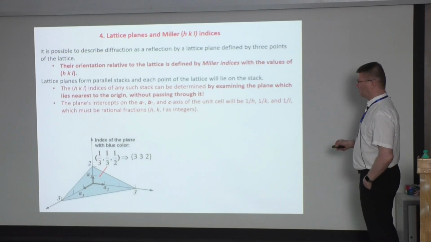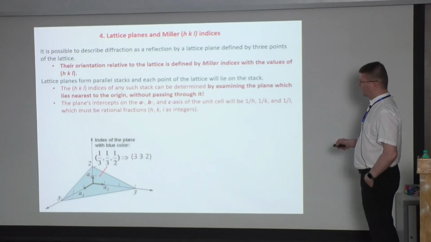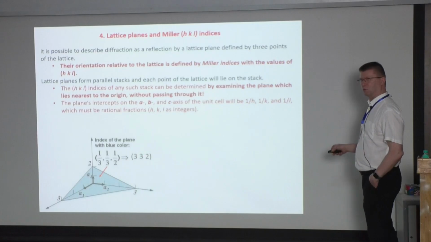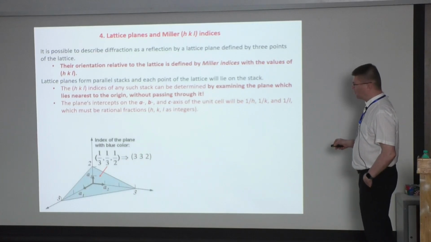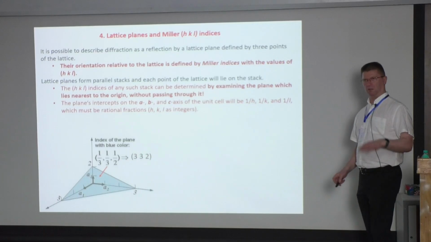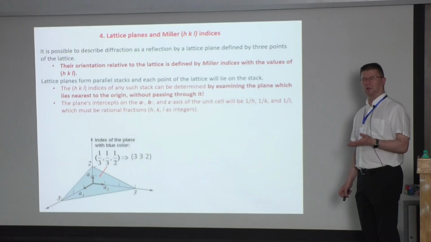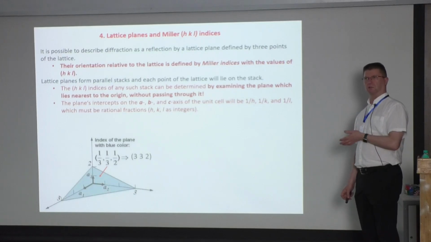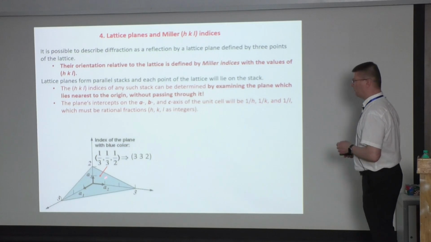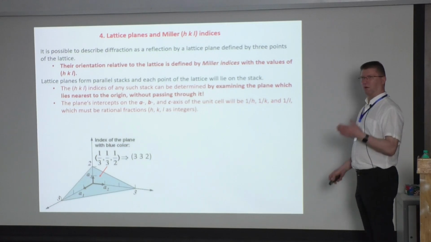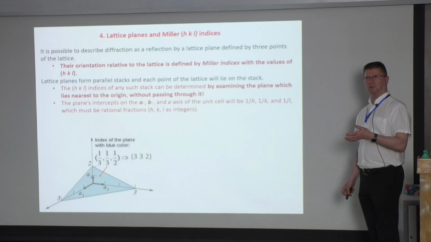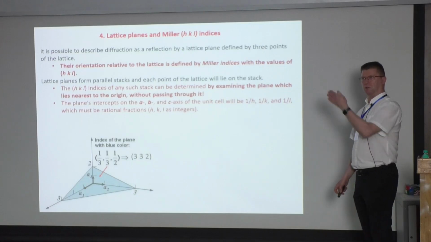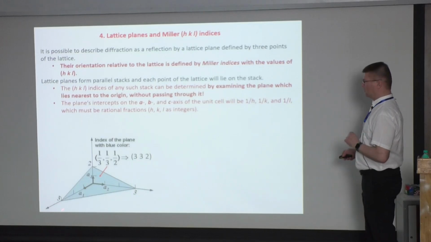The fractions become numbers, so that will be 3, 3, and 2. This is now the name of this one plane, and this is unique for that unit cell. We don't have to know the lengths of a, b, and c, because this relates to the axes themselves. It is just the position where it intersects.